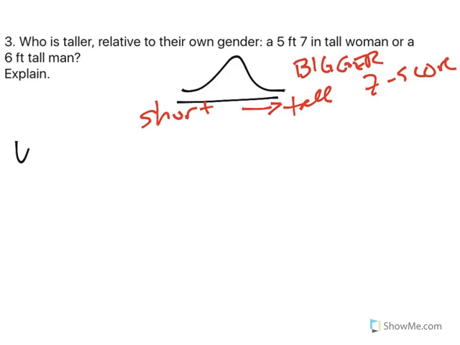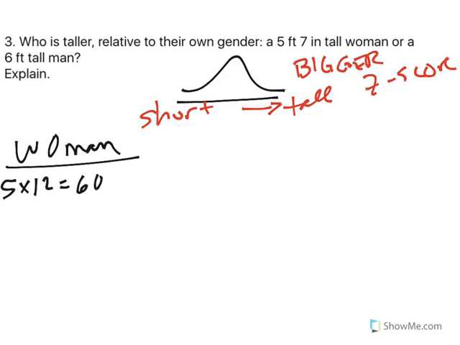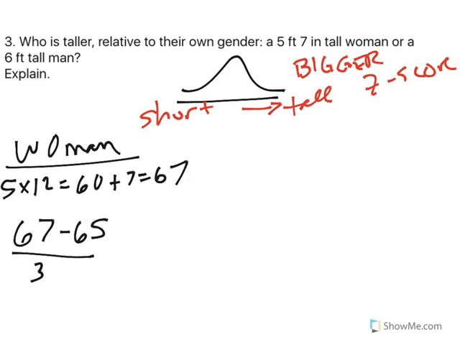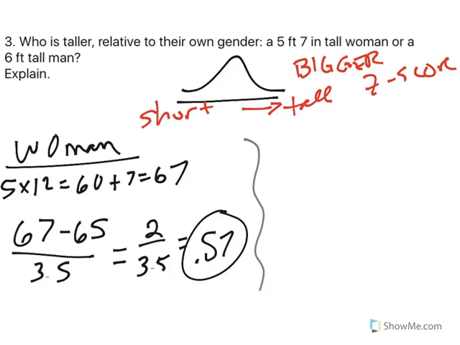Okay, so let's look at the woman first. The woman is 5'7". So 5 feet times 12 gives us 60 inches, plus 7 gives me 67 inches. So to find my z-score, value minus mean divided by the standard deviation, I'm going to round to 2 decimal places, and I get a z-score of 0.57 for the woman.